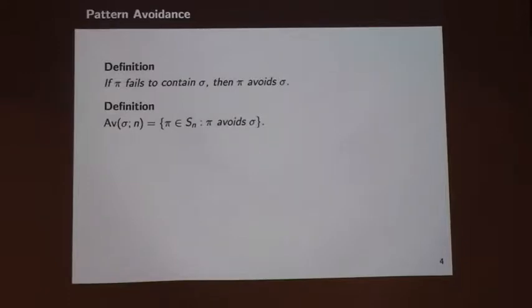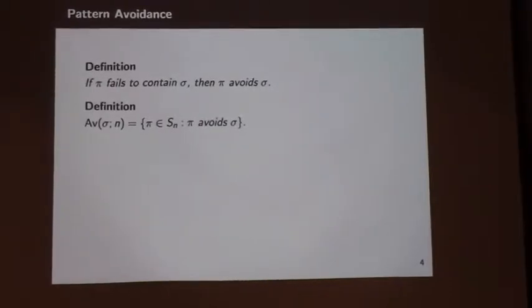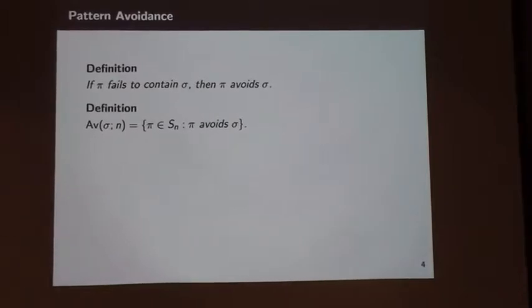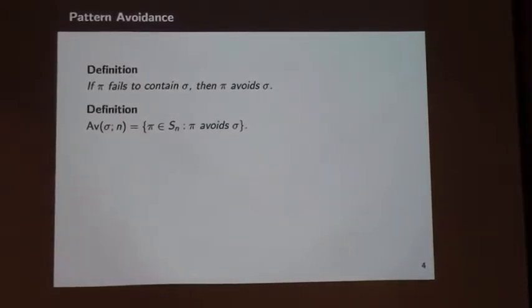And so most of the time, we want to talk about permutation classes, which is the set of all permutations of some length n that avoid a pattern sigma, or maybe a set of patterns. And we're going to call that either AV of sigma n or just A of sigma n, depending on how lazy I'm feeling.